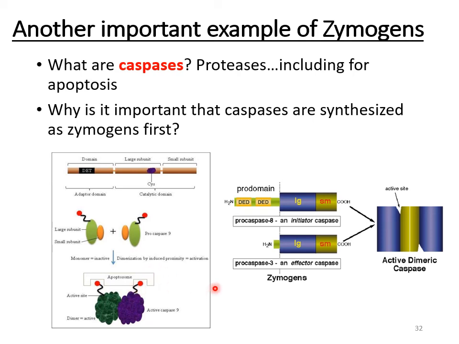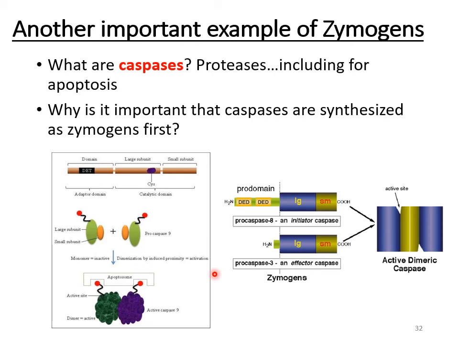It's important that they're synthesized as inactive first because we just said they could cause apoptosis, so you need that to be very, very controlled. You only want cell death in certain scenarios. If they were floating around the cell in their active form from the beginning, that cell would die. It would be unwanted cell death, and that would have severe consequences to you.